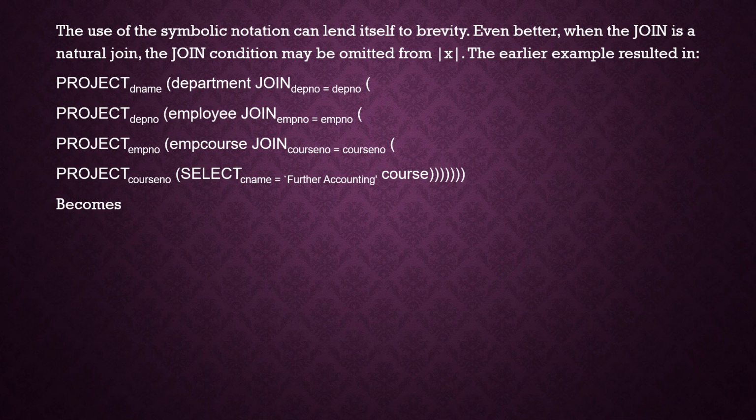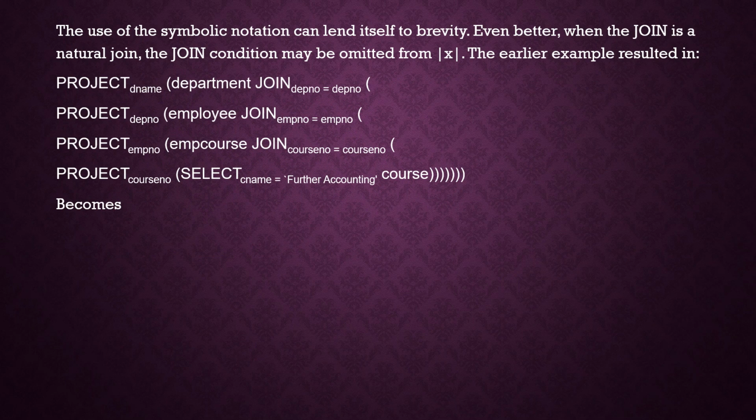Then open parenthesis. Again you embed another project, department number from the table employee. In the above one, the table name is department, but in this case department number is extracted from the table employee. And join, again we use the join condition, EMP number equal to EMP number. Again use another project, EMP number from the table EMP course, that means employee course.